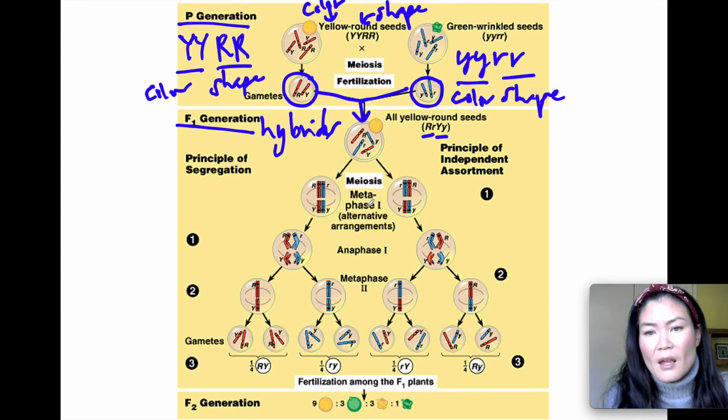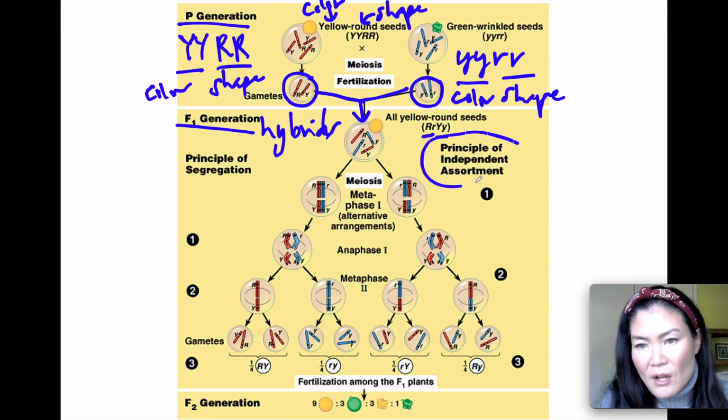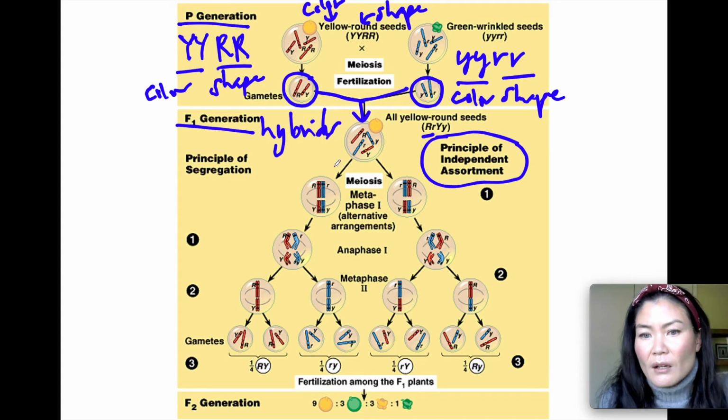Going back to the law of independent assortment, if the genes for seed color, the Y's, and the genes for shape, round versus wrinkled, are on different chromosomes, the way that they go into the gametes is completely independent of each other.